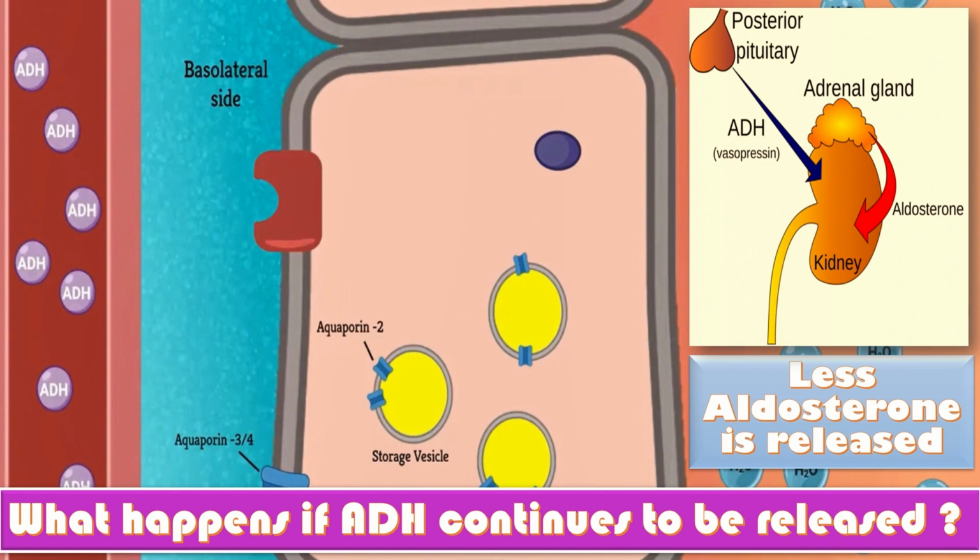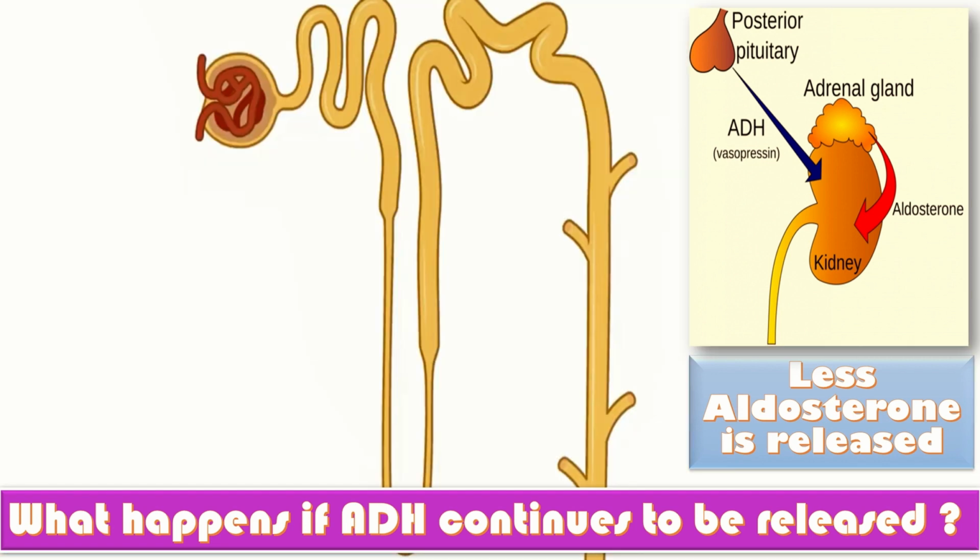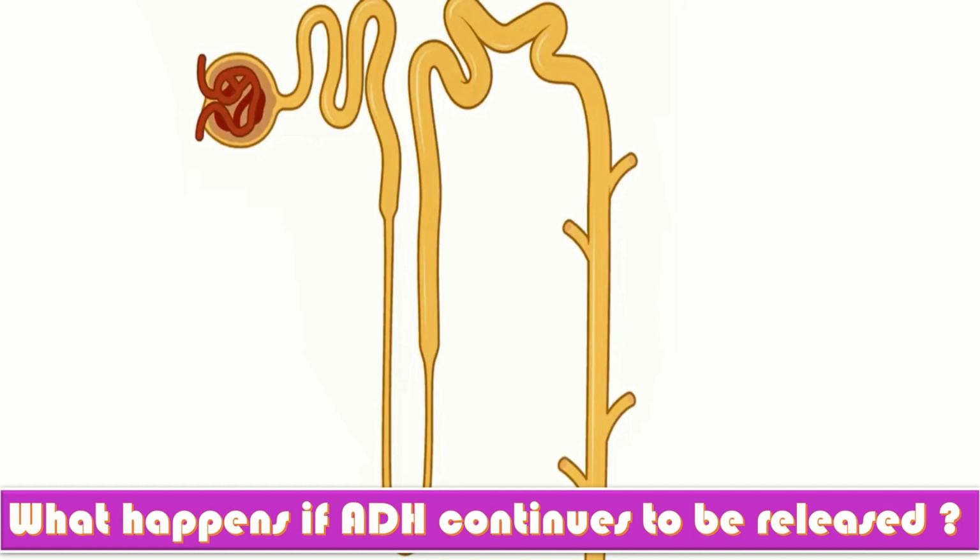As more water is retained, it dilutes the other solutes floating around in our blood, like sodium. The extra fluid also takes up more space in our blood vessels, and this triggers another mechanism in our body that causes the hormone aldosterone to stop being released.